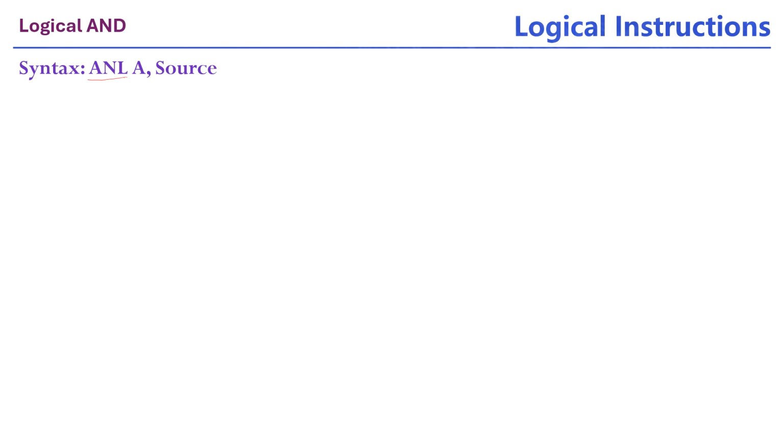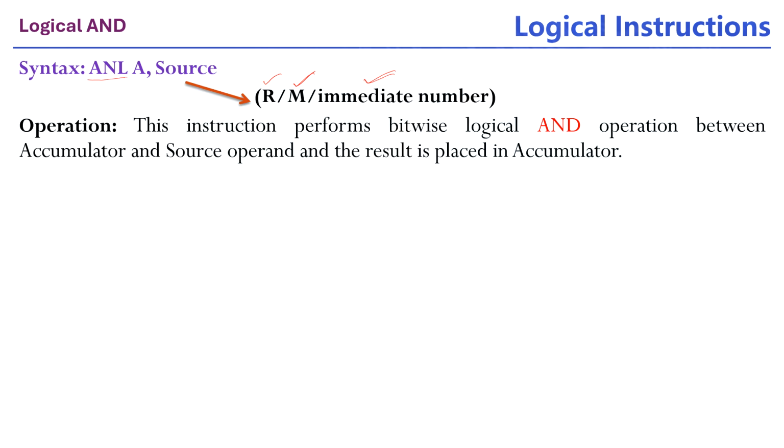Already we know that for all arithmetic and logical operations, A is the destination, and the source operand is any register data, memory location data, or any 8-bit immediate data.